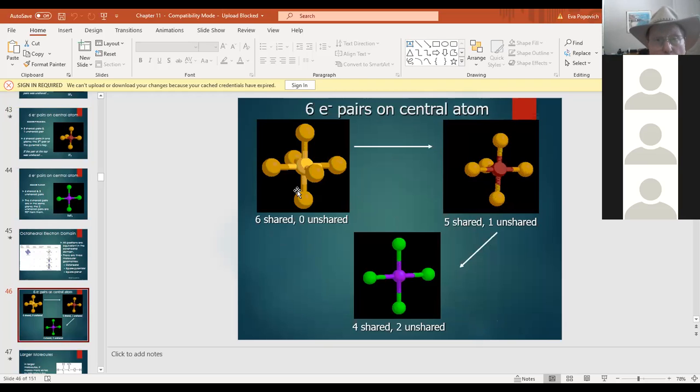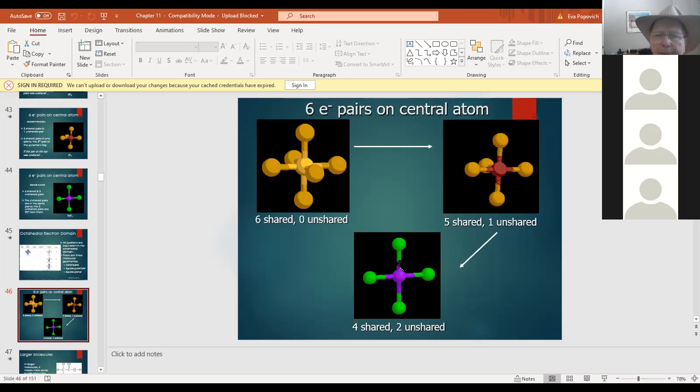So if it's symmetrical, that molecule will not be polar. Same instance, I have the same atoms on a square pyramid. Is this a symmetrical atom? No. So if it's not symmetrical and those bonds are polar, that will be a polar molecule.